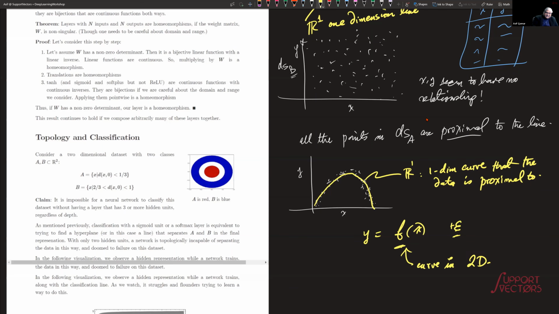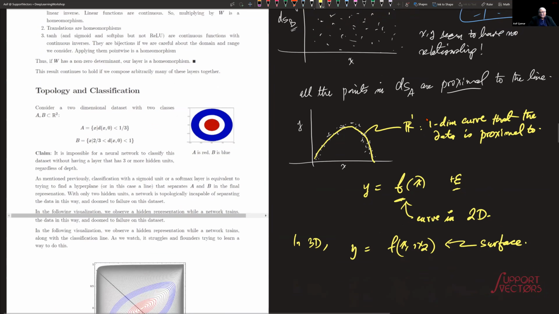In higher dimension, suppose it was 3D, your y would be some function of x1, x2, and this would look like a surface. All the data will be proximal to this surface in 3D.